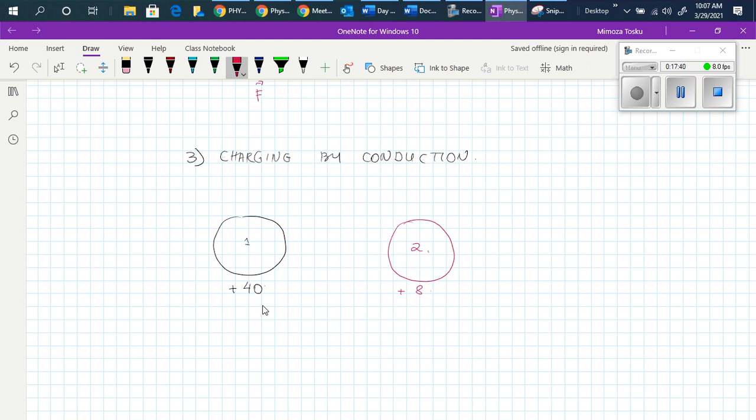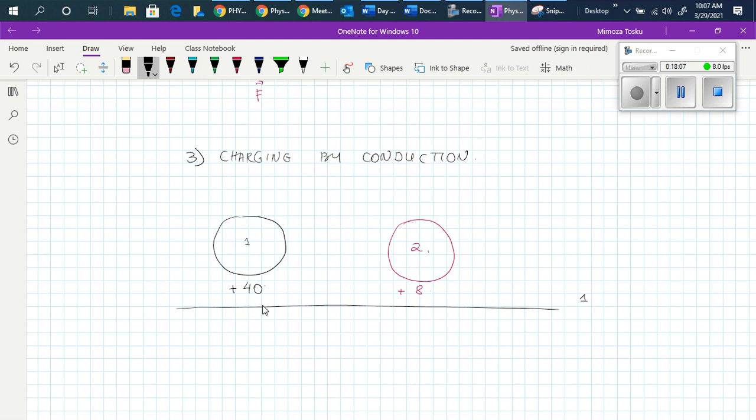So what is happening in this case? The charges are evenly distributed along the surface of both of them. They are two spheres with the same composition, same material, and same shape. So this is the first step.